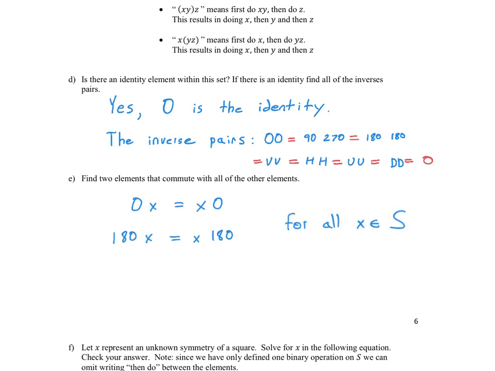And once again, that holds for every single symmetry that's out there. And if you wanted to write this down as a phrase, we could say that 0 and 180 commute with all other elements. Okay, so now we've built a really complete picture of everything that we can do with symmetries.